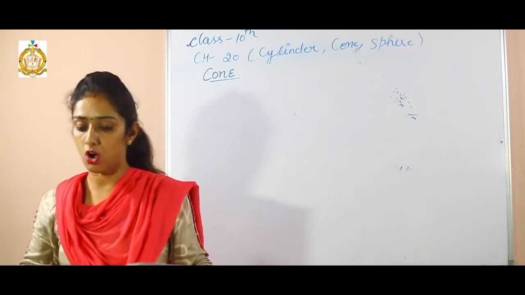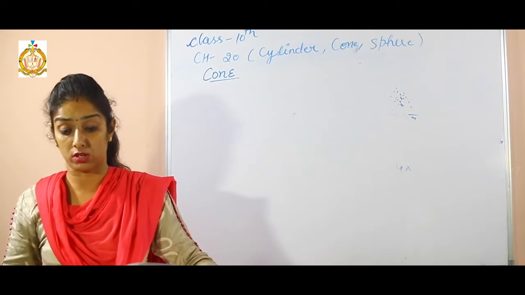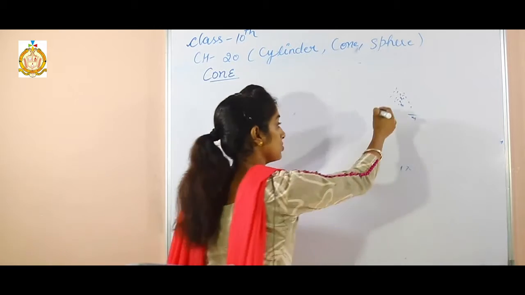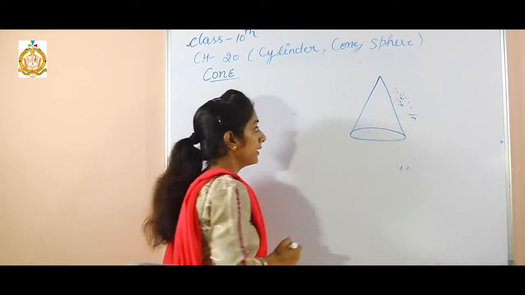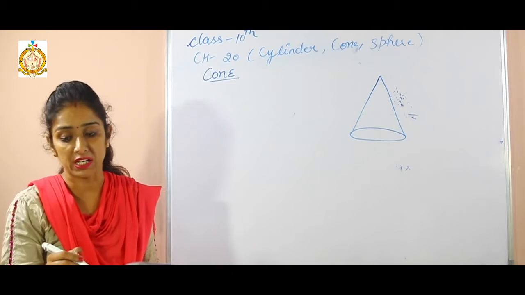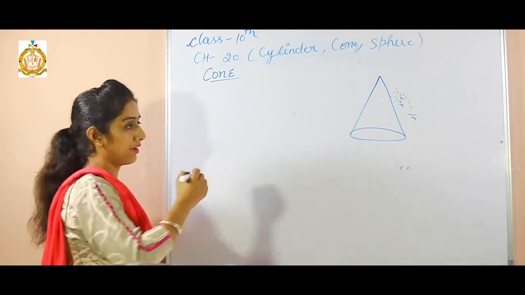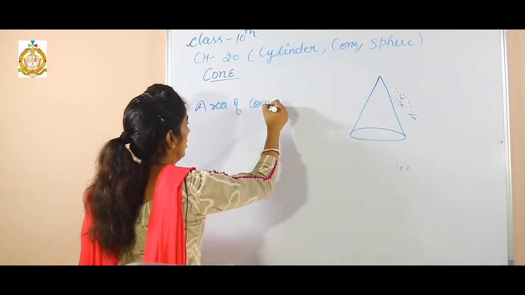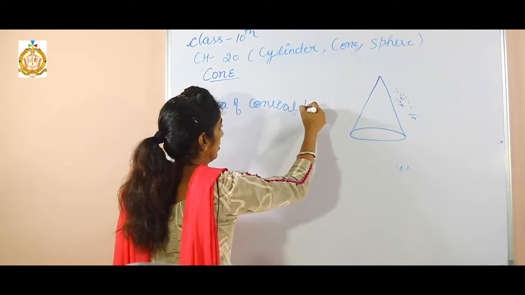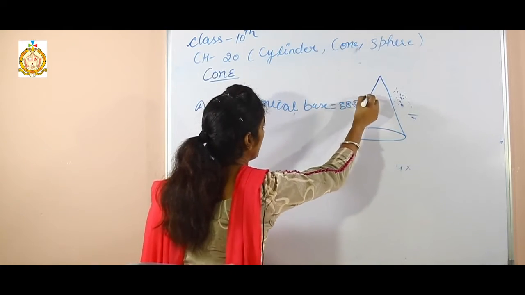The area of the base of a conical solid is 38.5 meter square.